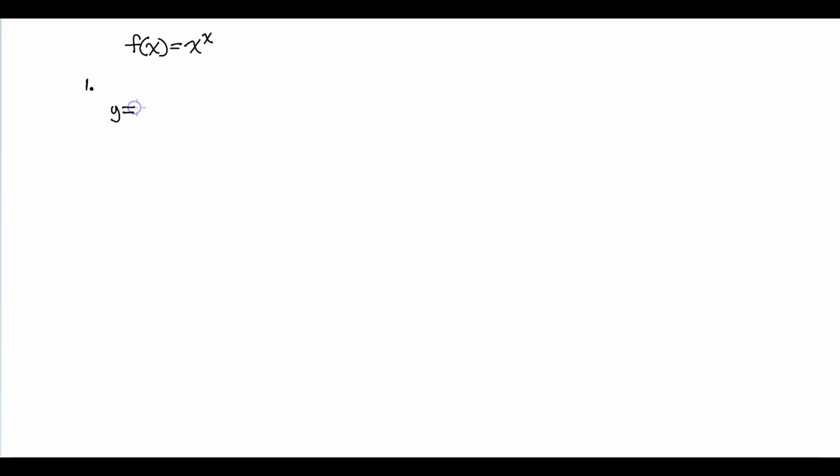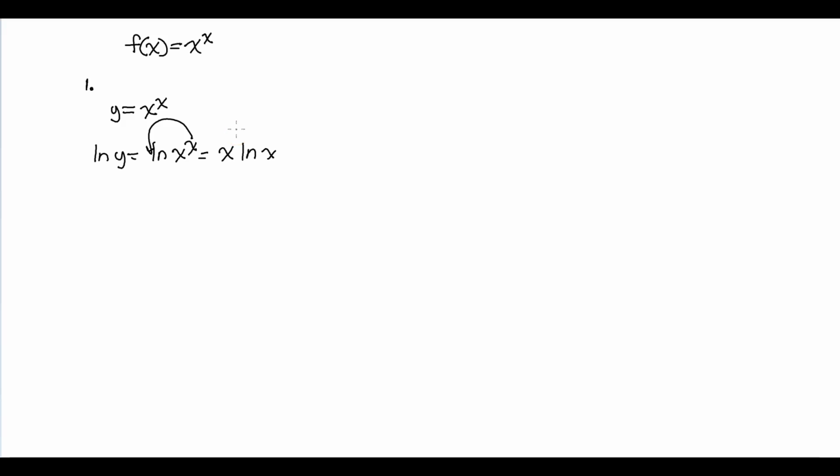So you have y equals x to the x. You can take the ln of both sides. So you have ln of y equals ln of x to the x, and that in turn equals x times ln of x. We're just taking the exponent and putting it to the front of the natural logarithm.